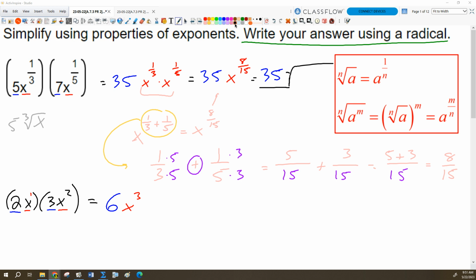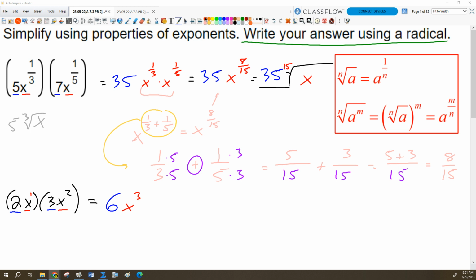What about the x to the 8/15? We got to think back to Friday. Okay, so the 15 is going to be the index, isn't it? Right? The denominator becomes the index of the radical. So the 15 goes there. And then what goes inside? X to the 8th. Yeah, right?